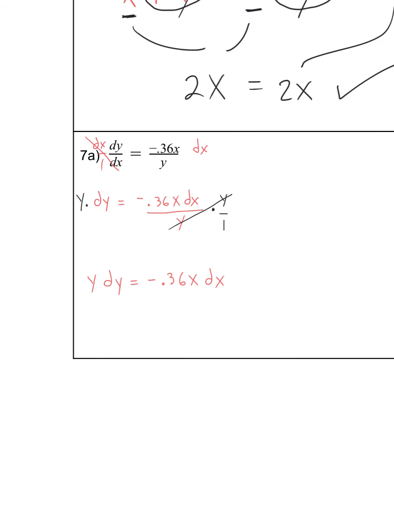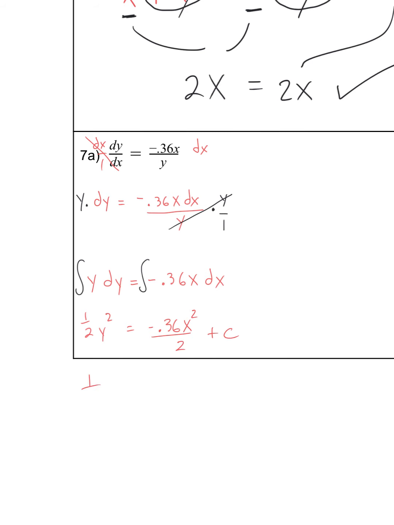Now we integrate. So we put the big elongated s in front, and we take the antiderivative of each side. The antiderivative of y here is 1/2 y squared. On the right, the antiderivative of negative 0.36x, the negative 0.36 comes along for the ride, and the antiderivative of x is, of course, x to the second over 2 plus c.